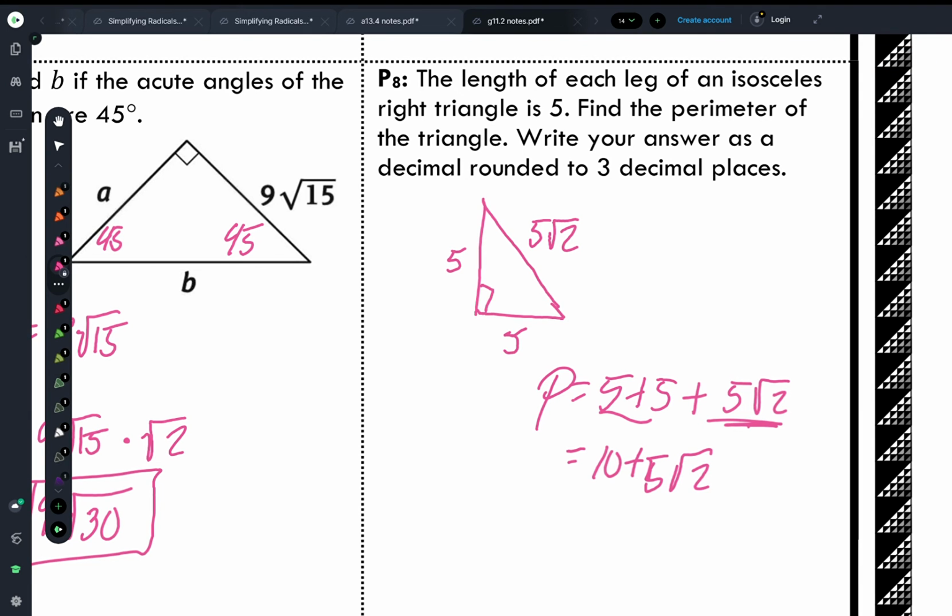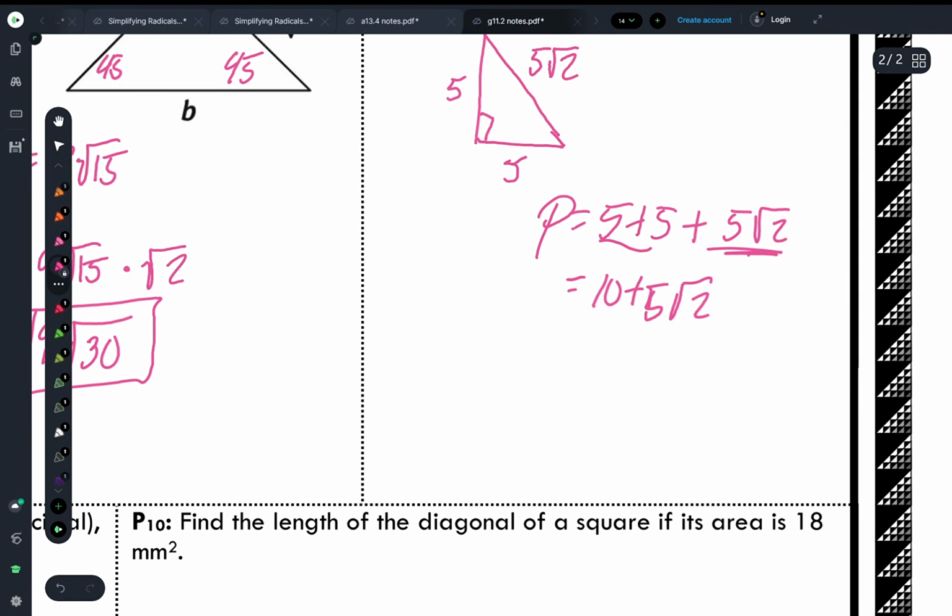However, it doesn't really tell us that much. It's hard to visualize a length of 10 plus 5 square roots of 2. What we can do is put that in my calculator, and it will give us the decimal, because I don't expect you to know what that is as a decimal just by looking at it. So typing in 10 plus 5 square root 2, let's put that into decimal.